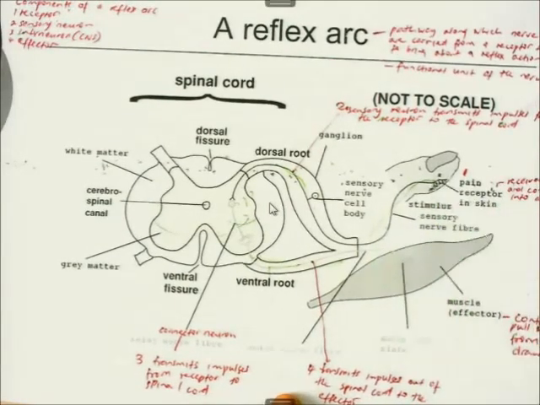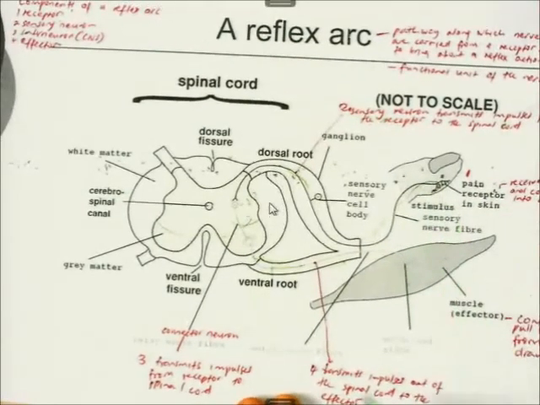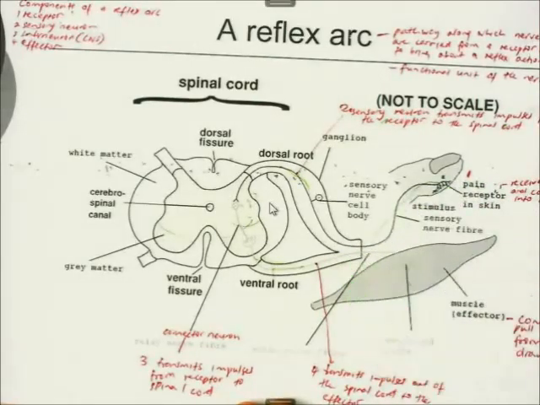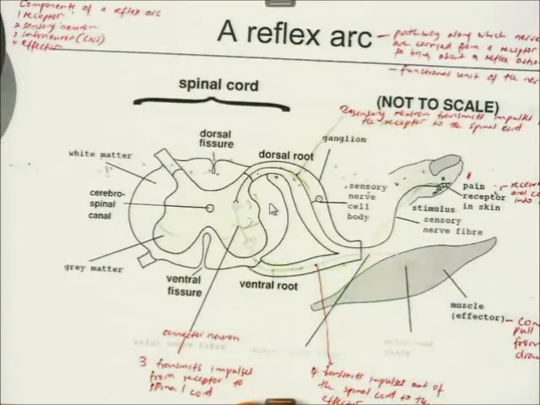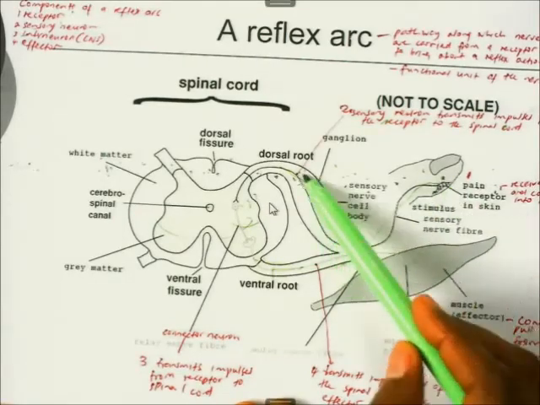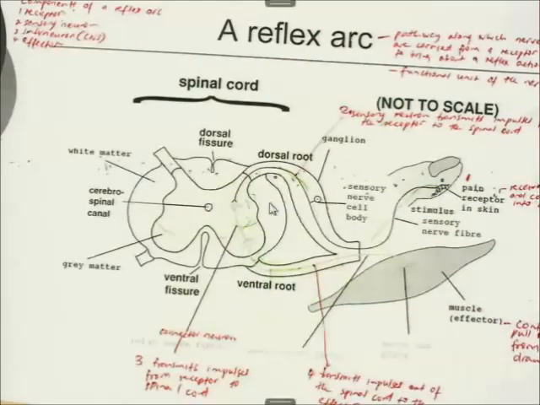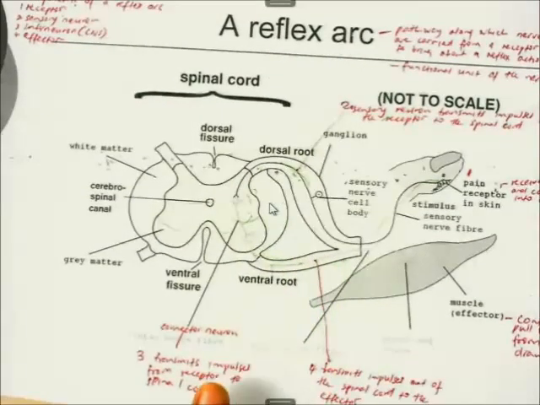These heat receptors are going to convert a heat stimulus into a nerve impulse. The nerve impulse will be taken by the sensory neuron, which will now enter the spinal cord via the dorsal root.